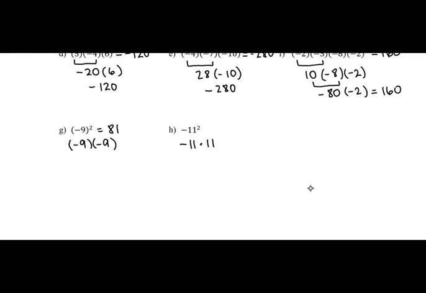But in part H, only the exponent applies to 11 only, so it means 11 times 11, and the negative sign is just there. So what you have is negative 11 times positive 11, and it's going to give you negative 121.